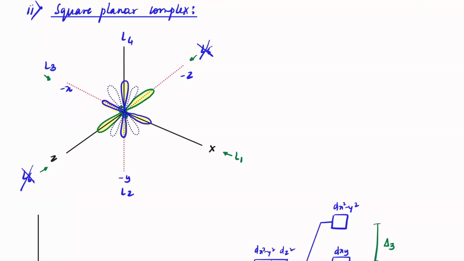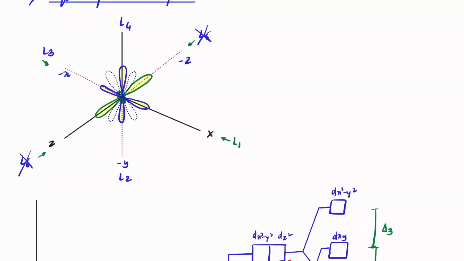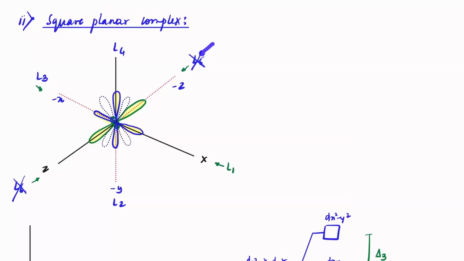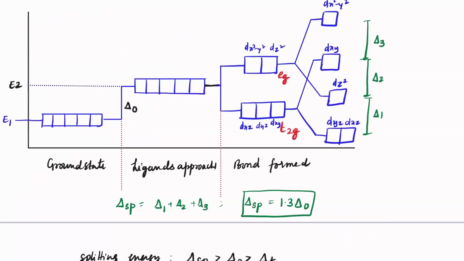When it comes to square planar cases, the easy way to understand is like this. Imagine as if there are 6 ligands approaching. If there are 6 ligands approaching, they will try to be more of an octahedral kind.